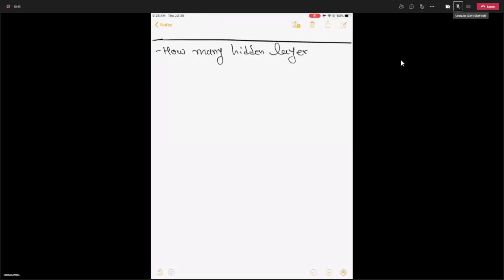Yesterday at the end I had asked two questions. Really, how many hidden layers should be included in a neural network application?